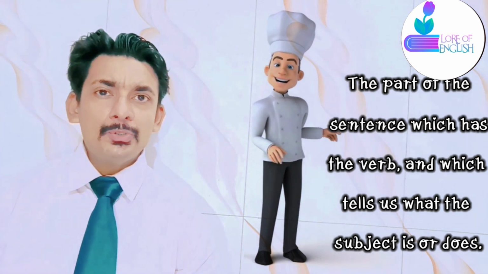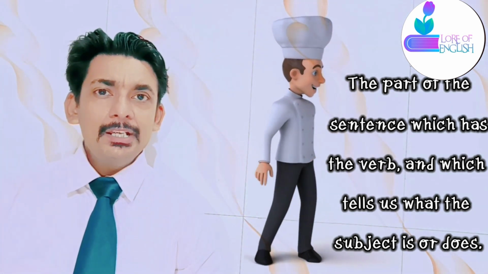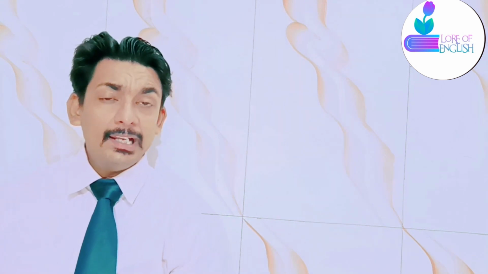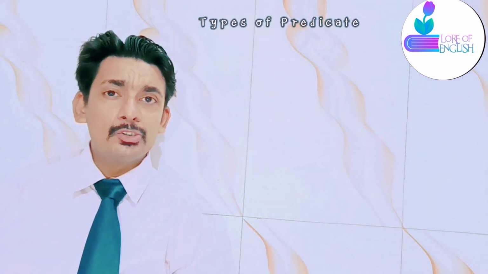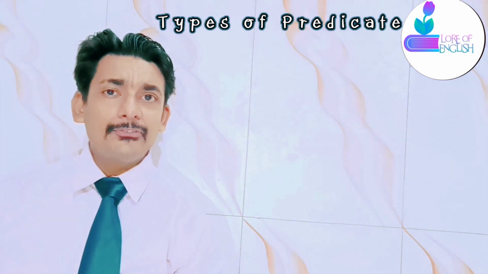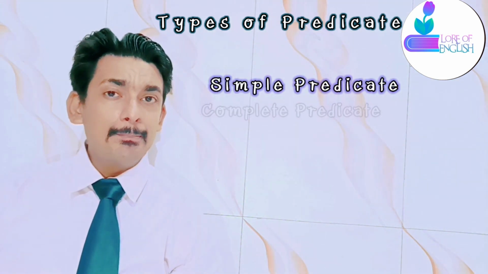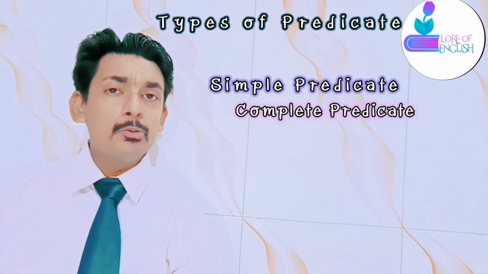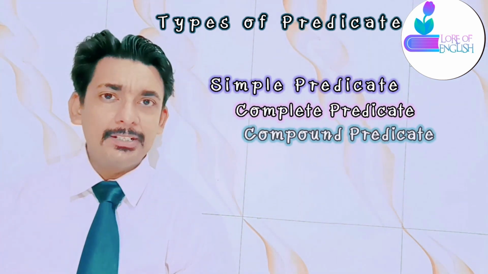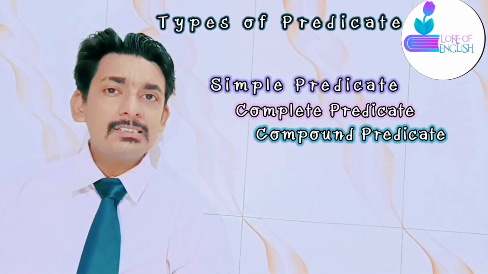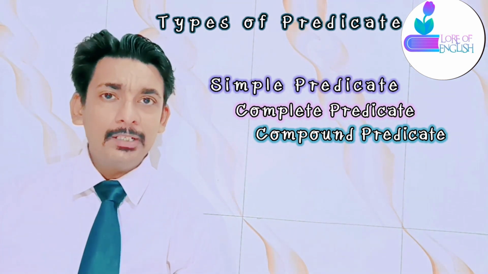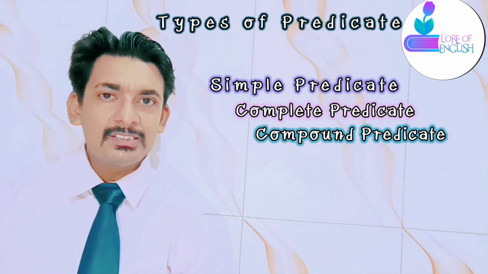Like subjects, predicates are also of three different types. The first one is simple predicate, the second is complete predicate, and the third is compound predicate. We'll understand each of them one by one using different examples.